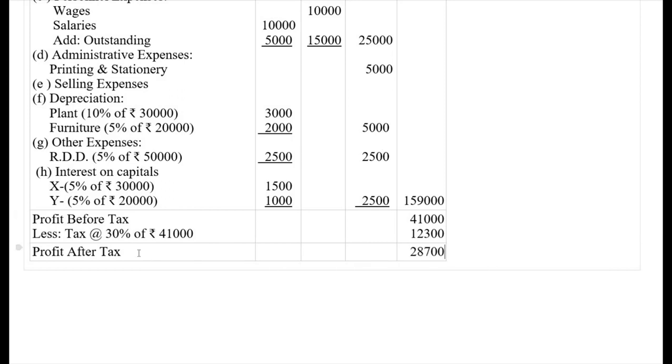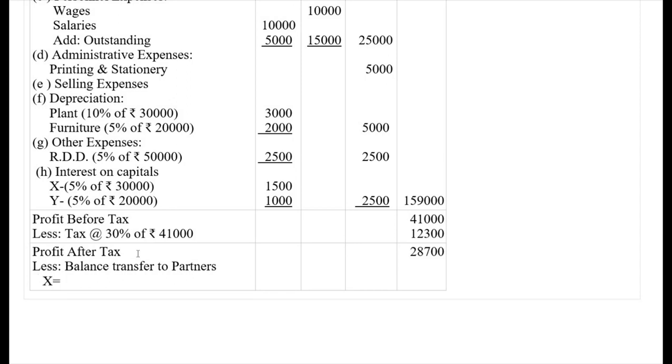Then next we should deduct balance transferred to partners. So here X equals, their profit sharing ratio is equal now, so 1/2 multiplied by rupees 28,700. Similarly, Y equals 1/2 multiplied by rupees 28,700.